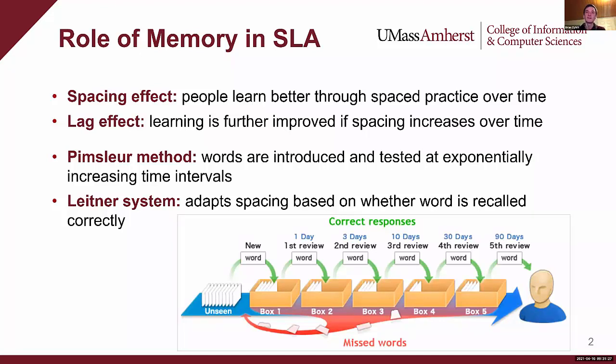You can see that in the graphic here. When a word is first introduced, it might be reviewed every 1 day. But if the learner recalls this word correctly, then the spacing is increased to 3 days and 10 days and so on. But if the word is recalled incorrectly, then it goes back to the first bin where it's reviewed the next day.